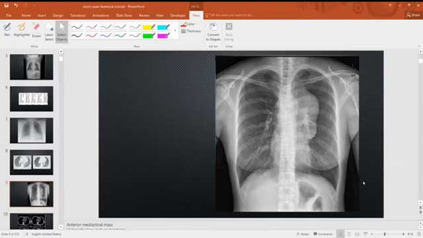Well, this is another patient, a young patient. What do you think of this young patient? Please take 10 to 20 seconds and write your answer in the comment.